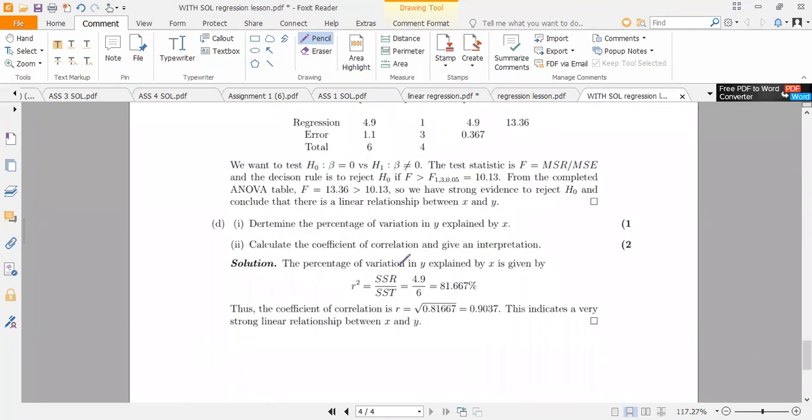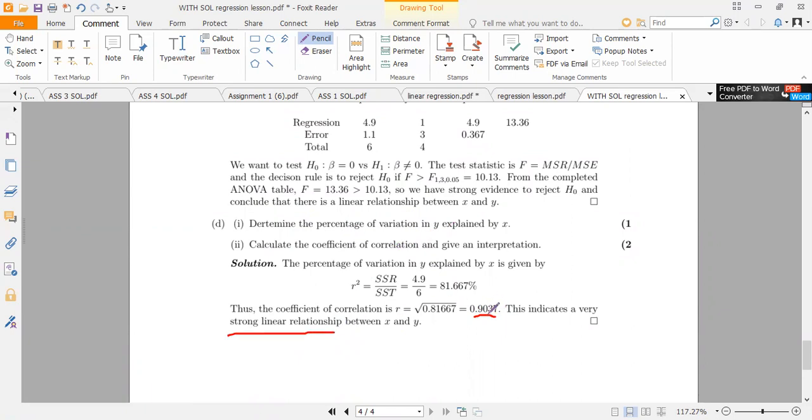So how do we find our error? We already found our correlation as 0.903. So this means that it is a positive relationship, which is even strong.